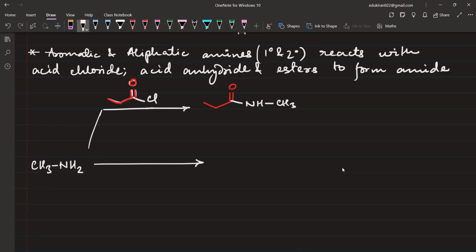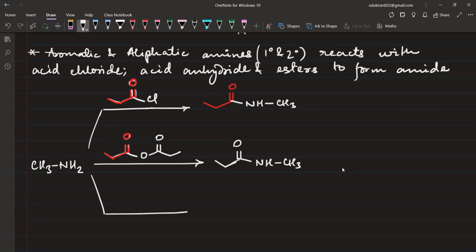Similarly, if you have, let's suppose 2 carbon atoms, double bond O, oxygen with double bond O, and then CH3 like this, then what's going to happen? This whole thing will be as it is. It will be bonded with NH, further bonded with CH3.